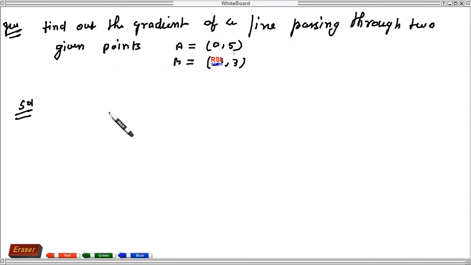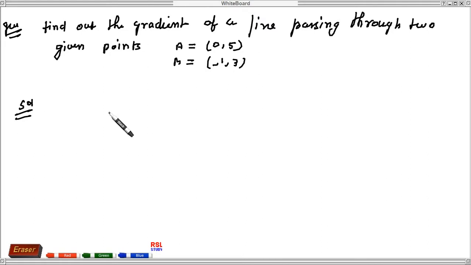Point A is this and point B is this. So we have to find the equation of a line which passes through 2 points.